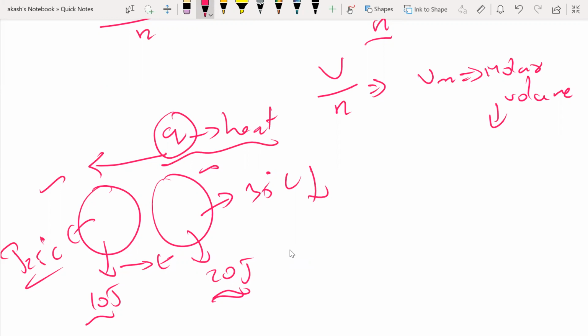And this heat transfer from the hotter body to the colder body is going to stop at a point of time. At what time will there not be any heat flow? What is the condition that this heat flow will become zero?